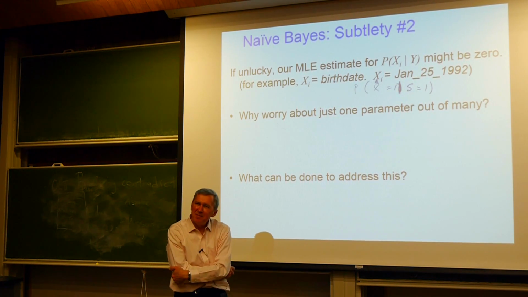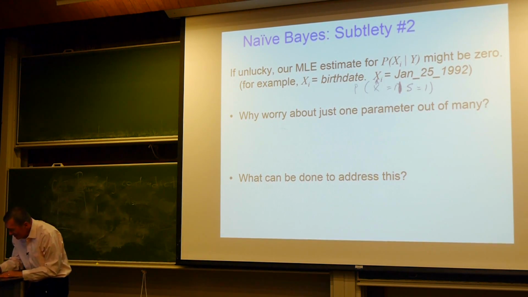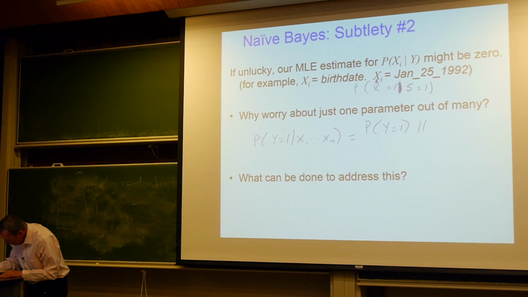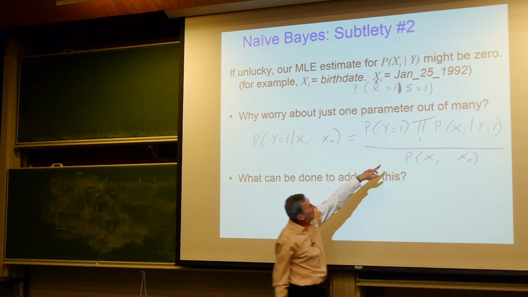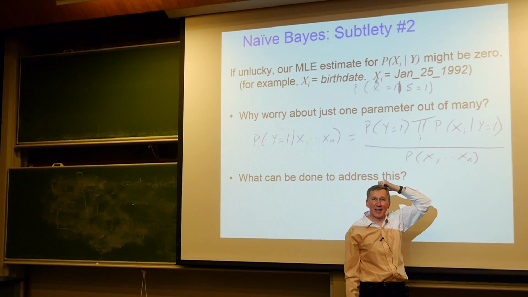Now, why is that a problem? That's a problem because, remember, in this numerator, every one of those probabilities gets multiplied together.